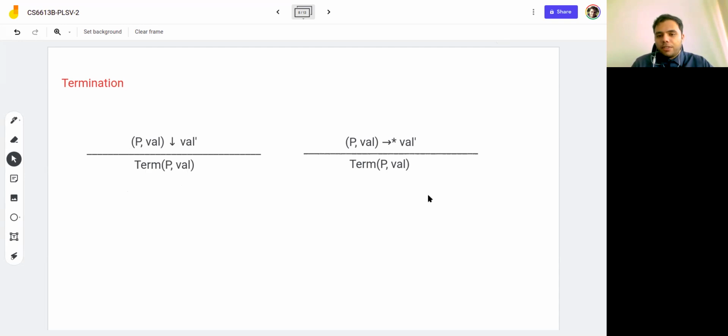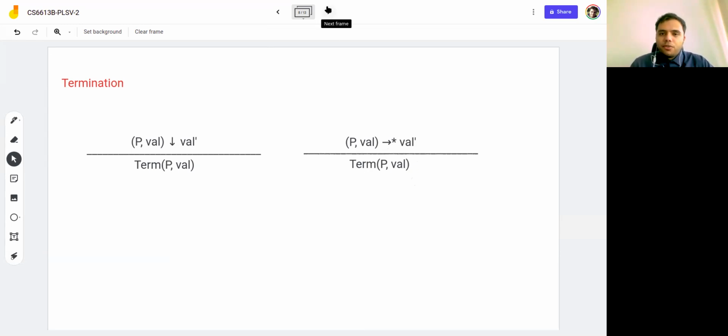Or you can give a definition based on small step semantics and this transitive reachability relation. So this is also the same thing. What this says is that if you have a series of transitions, and with that series of transitions you get to a point where you don't have a program anymore, then you have terminated. So you can use these two as definitions of termination. And let's say that I use the second one for now.